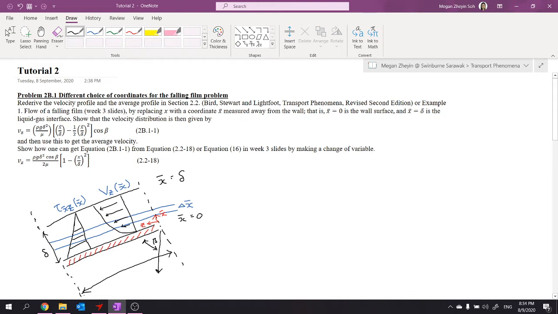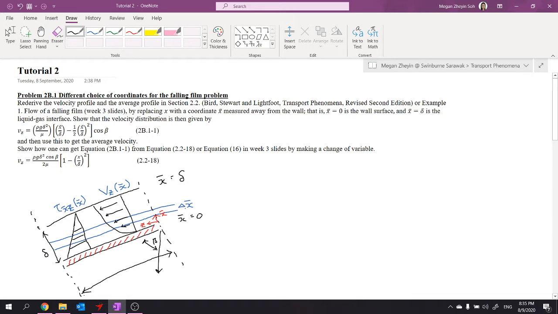However, for the velocity profile, it will be fastest at the liquid gas interface, but at the wall surface it will be near 0. This is a vertical downward flow, so beta is the angle between the vertical and the wall.